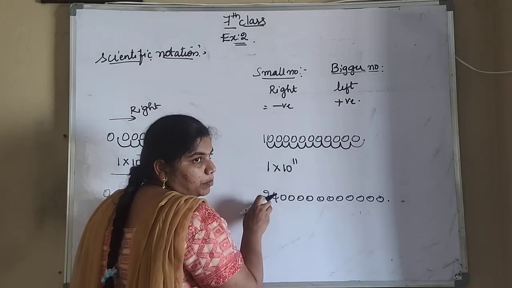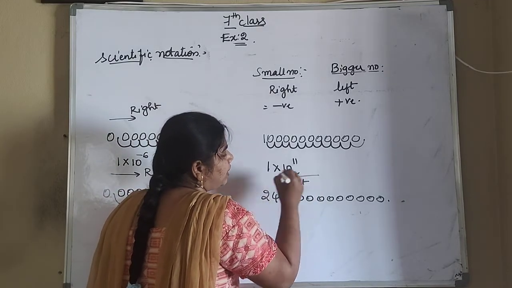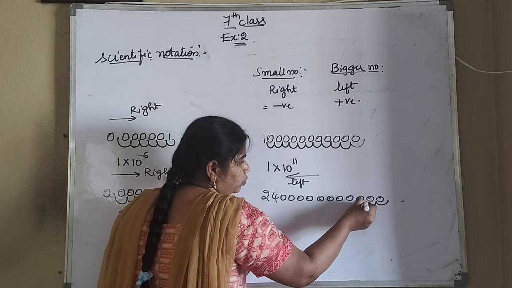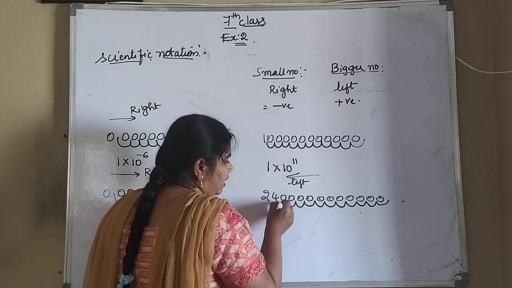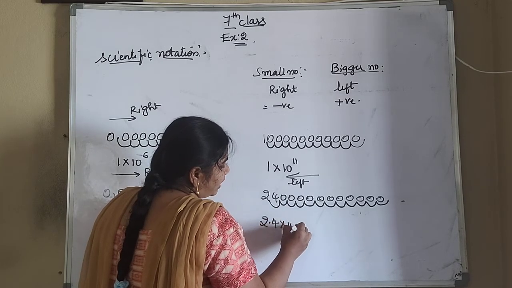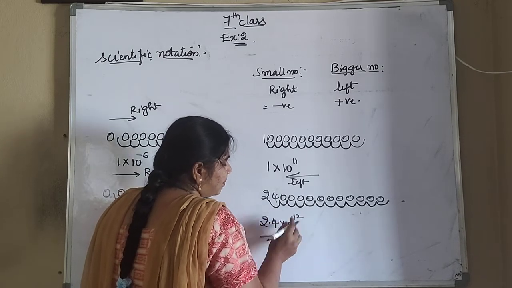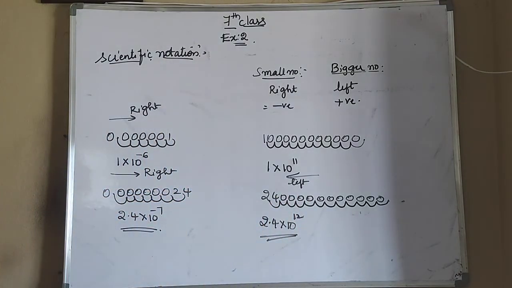Move the point to the left side now because it is a bigger number. 1, 2, 3, 4, 5, 6, 7, 8, 9, 10, 11, 12. So the answer is 2.4 into 10 power 12, because it is a bigger number, the power will always be positive. So this is how to express bigger numbers and smaller numbers in scientific notation.